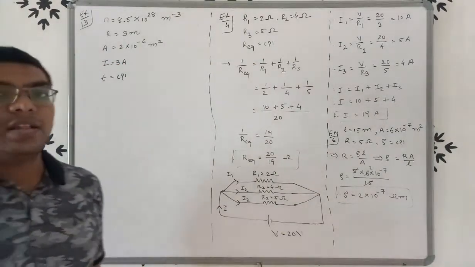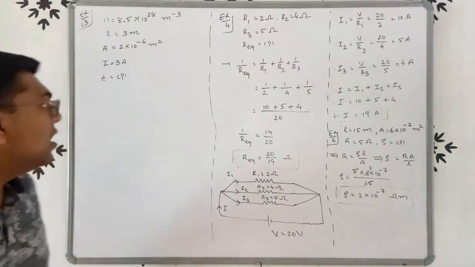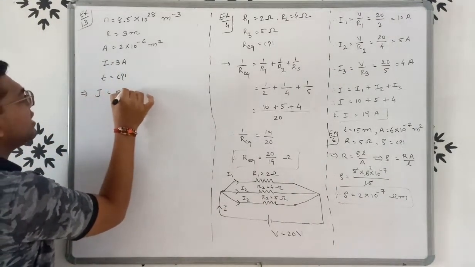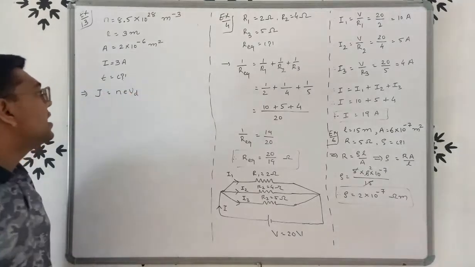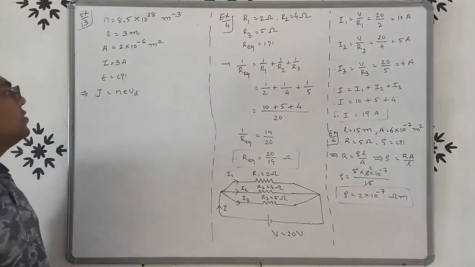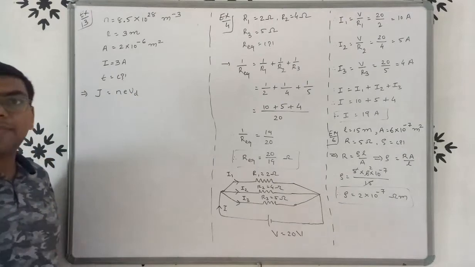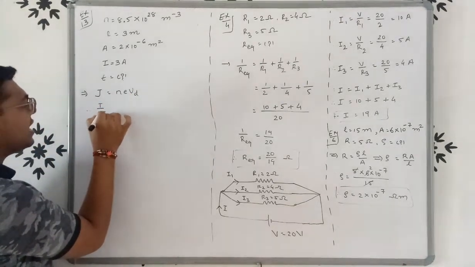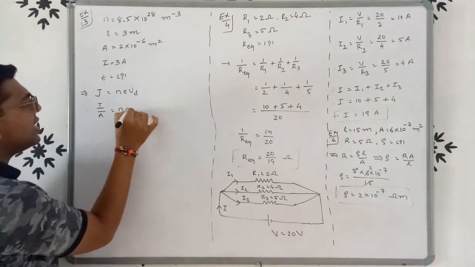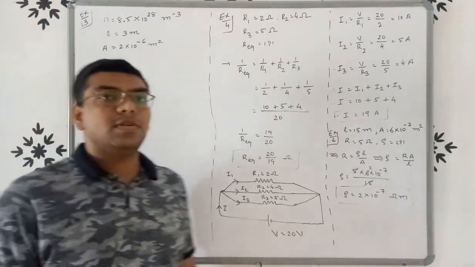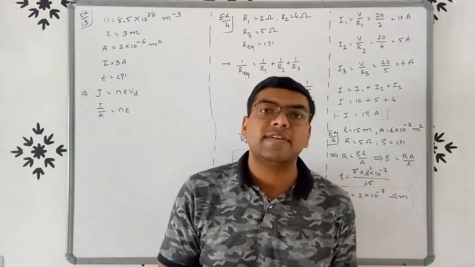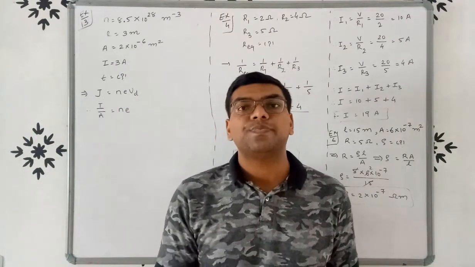Right. Now we know the formula, J is equal to nevd. But we know that J is equal to I by A. So from here we can write that I by A is equal to nevd. But drift velocity, here in this example length is given and we have to find out time.